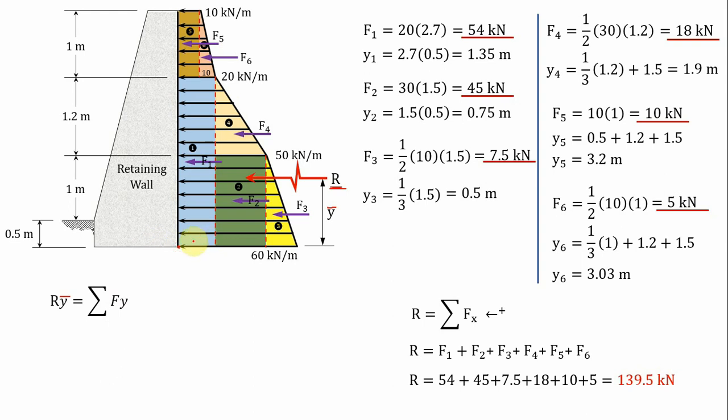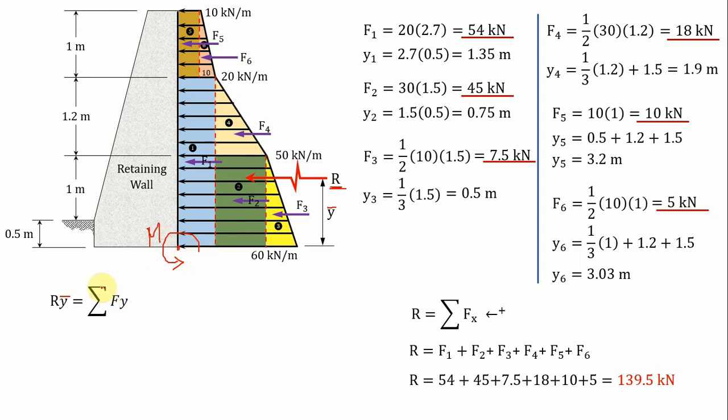And we know that the moment at this point will produce a counterclockwise moment. This is its moment, class. We are sure that the moment at this point is a counterclockwise moment.